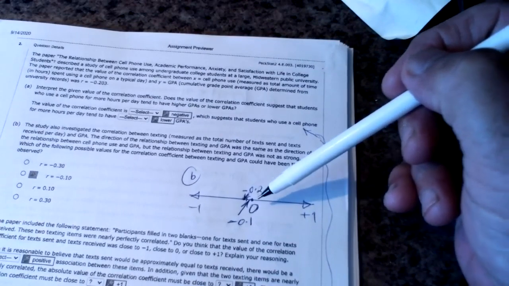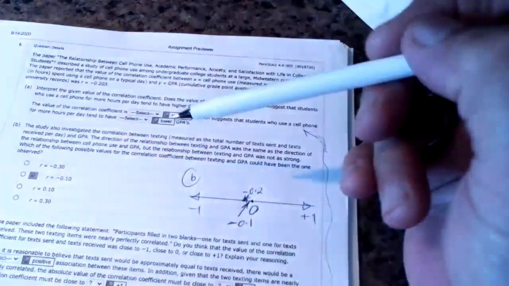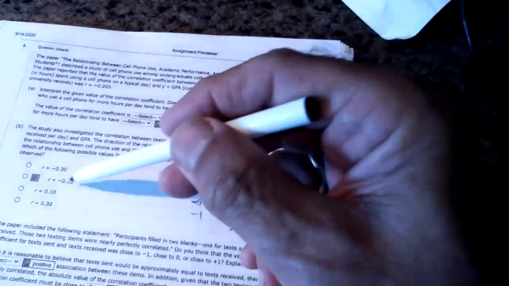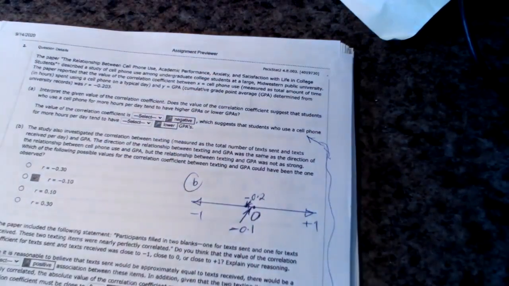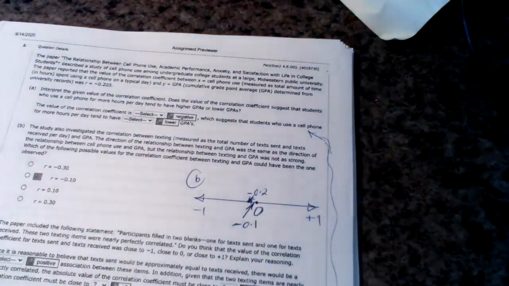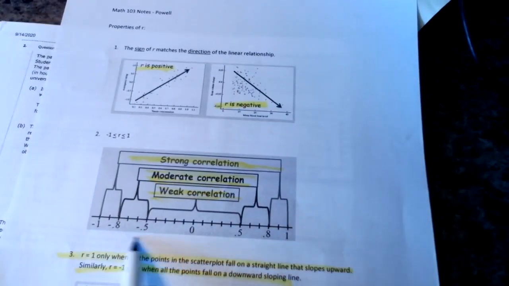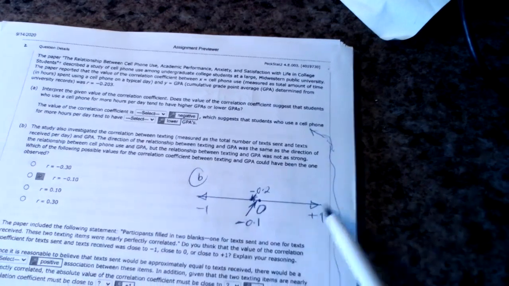So that minus 0.1 falls here. They're asking about this value R. This is a very small one. Remember, when R is between 0.5 and minus 0.5, it is very small. This one is minus 0.1.